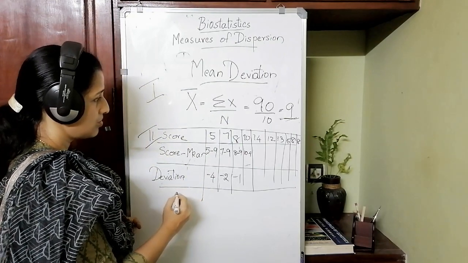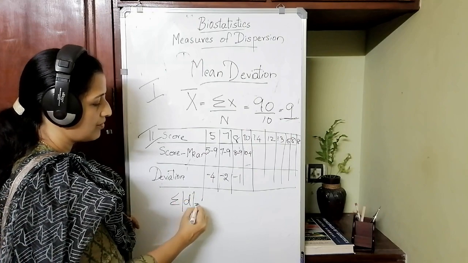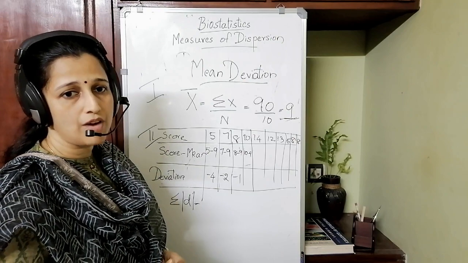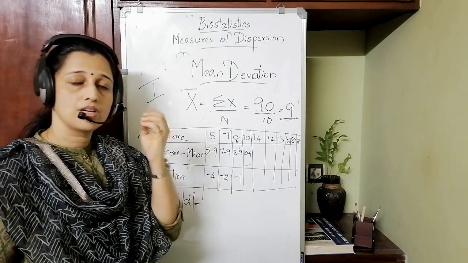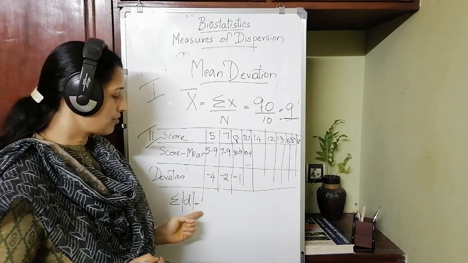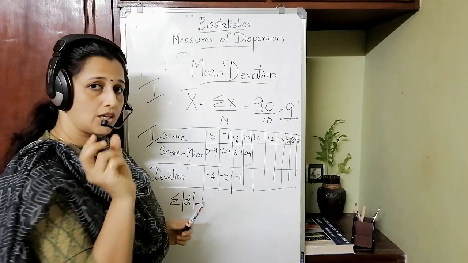And the next step is to calculate the absolute value of deviations, sigma absolute value of d. We have calculated the deviation for each variable. And for finding sigma d, you have to ignore the signs.